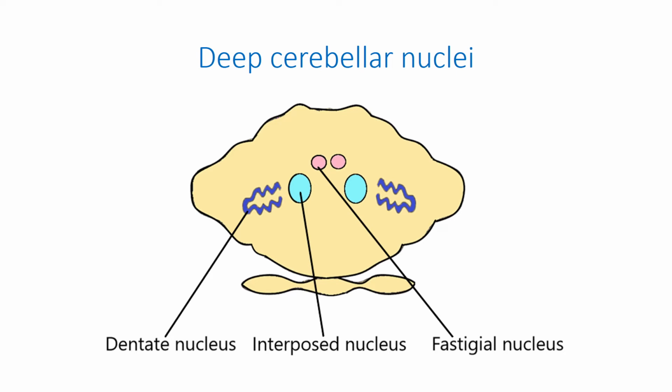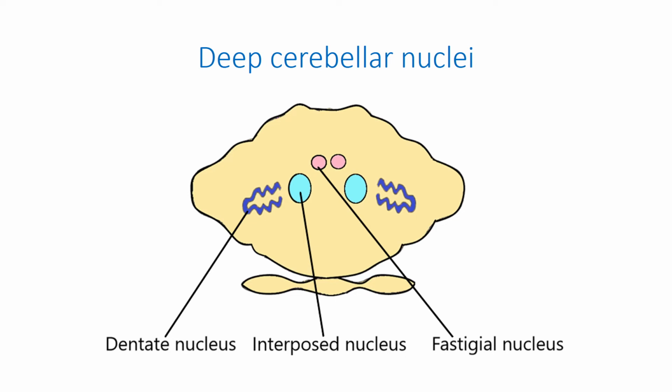The fastigial nucleus is located immediately over the roof of the fourth ventricle. Fastigial nucleus consists of diverse neurons heterogeneously distributed throughout the nucleus. Diameters of neuronal perikarya in the fastigial nucleus are 5 to 35 micrometers.